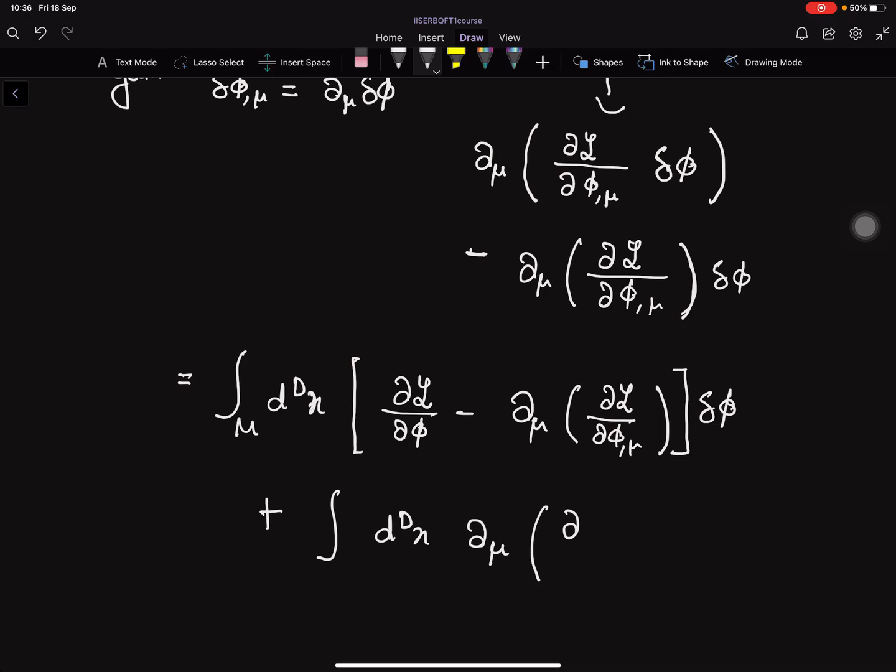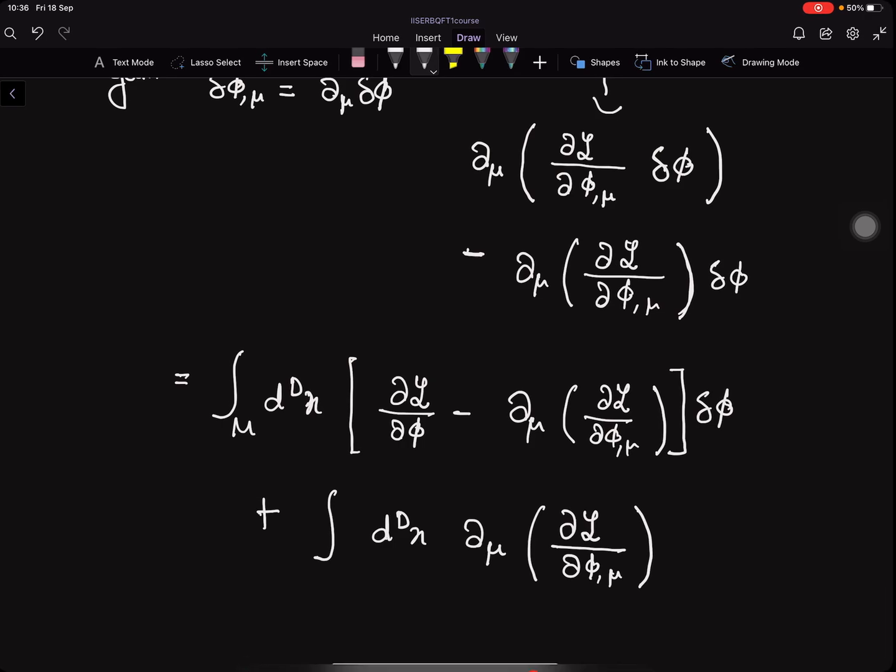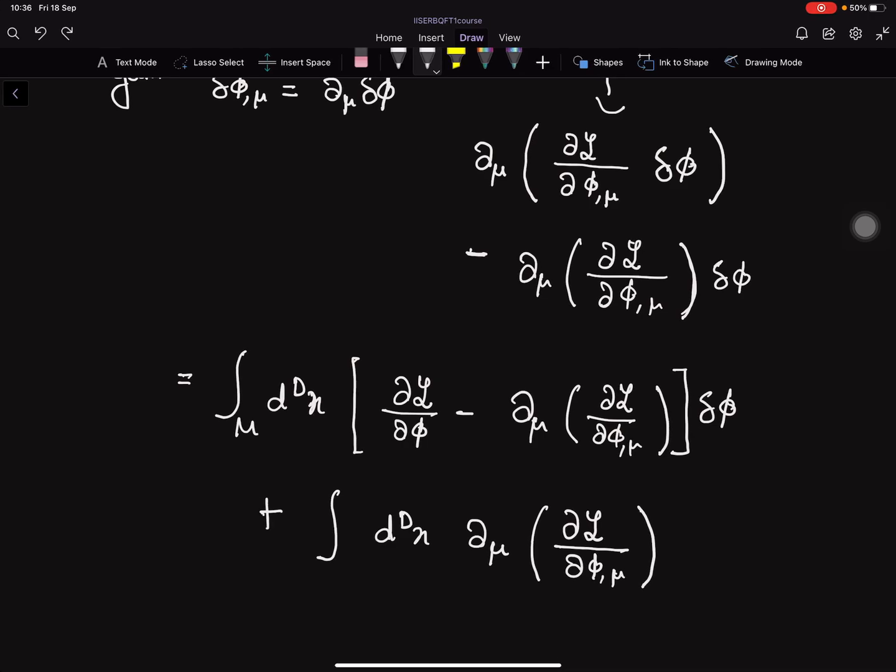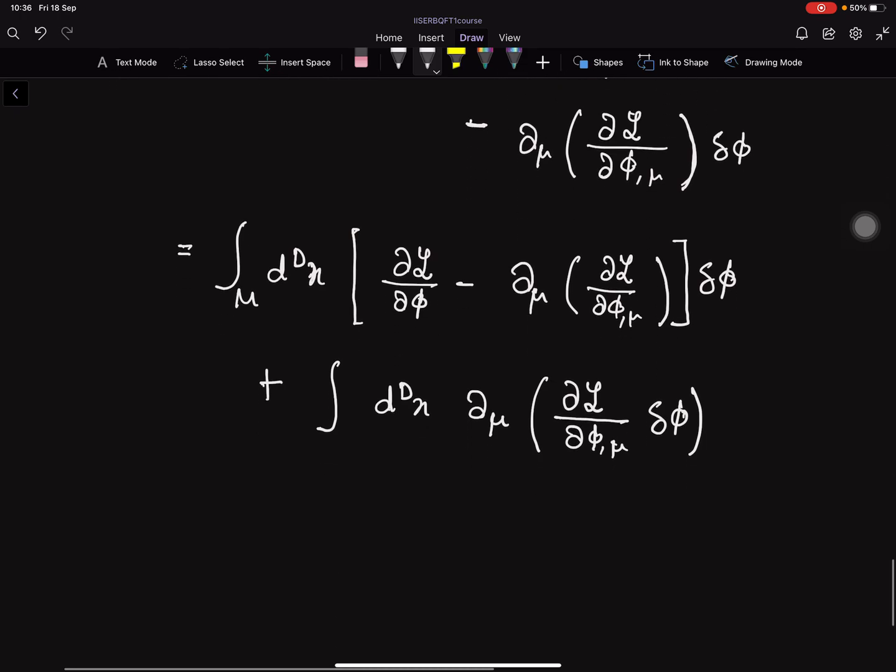Okay. So del x^mu, delta phi. Again, for this term, we can use Stokes theorem.